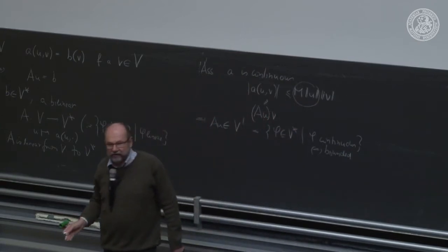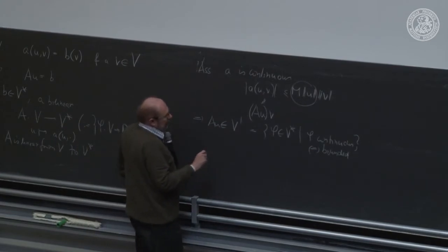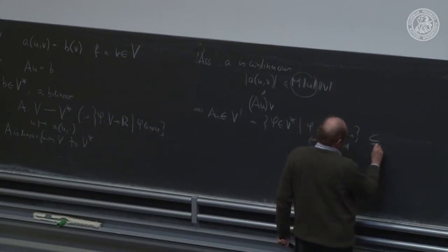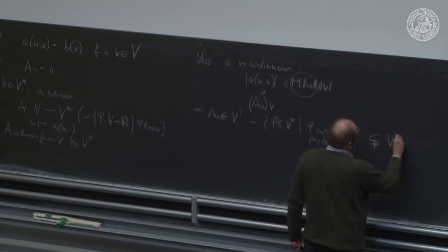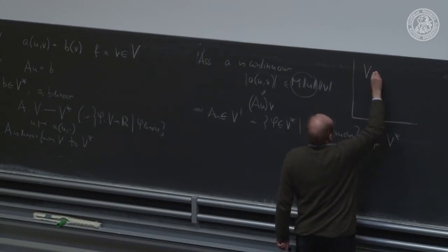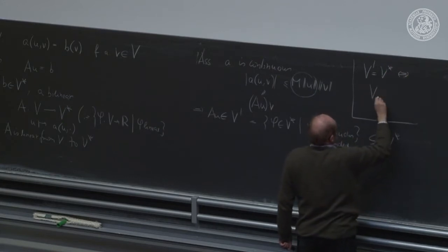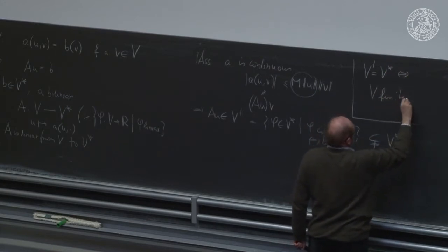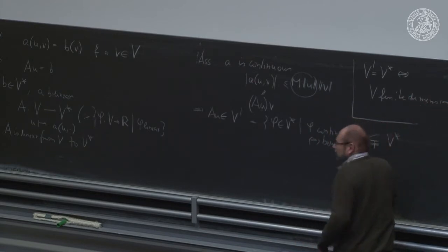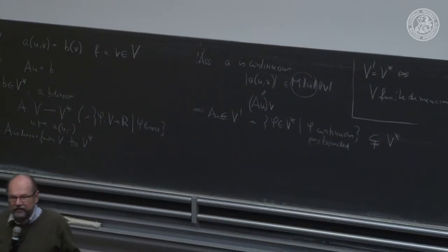We have checked the boundedness, and we have a norm. This space, in general, is a strict subspace of the algebraic dual. And we have the identity of those spaces if and only if we are in the finite dimensional case. In the finite dimensional case, all linear functions, all linear mappings are continuous, are bounded.